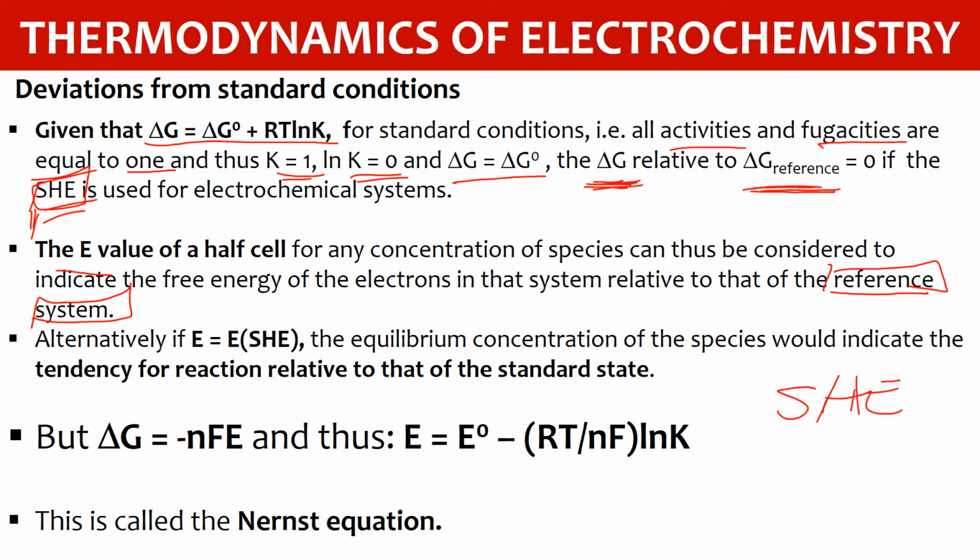Okay, right. So it means that alternatively you can say now your potential is equal to the potential of the standard hydrogen electrode. Okay, so the equilibrium concentration of species would actually indicate the tendency for a reaction relative to that of the standard state.